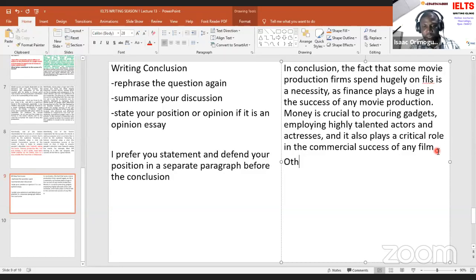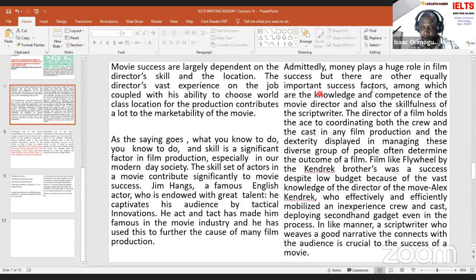Okay, other success determinants for movies are, okay, what did I mention? These are the things that I mentioned. I said it plays a part, but there are other equally important success factors, amongst which are the knowledge and competence of the movie director and also the skillfulness of the producer.